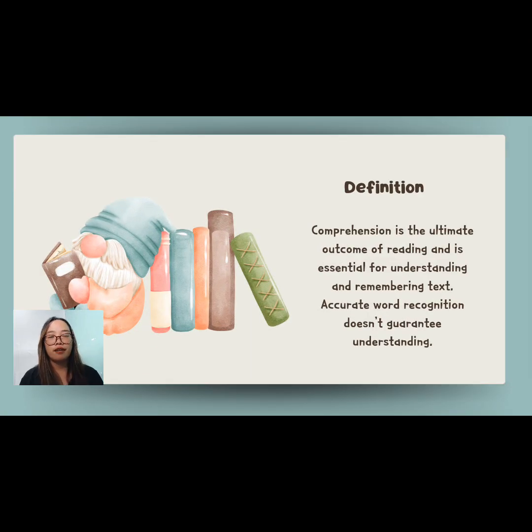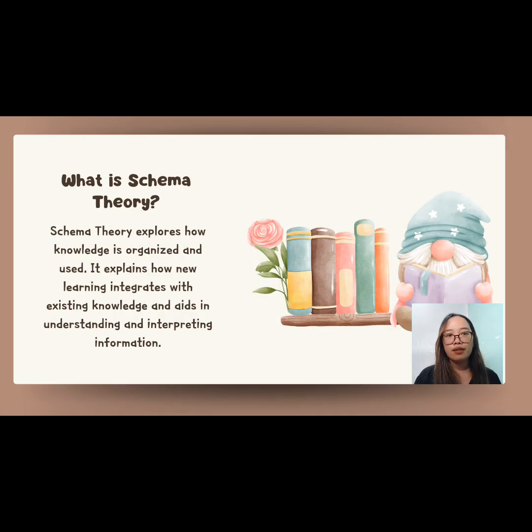Let us first define what is comprehension. Comprehension is the ultimate outcome of reading and is essential for understanding and remembering text. Accurate word recognition doesn't guarantee understanding. So, what is schema theory? Schema theory explores how knowledge is organized and used.